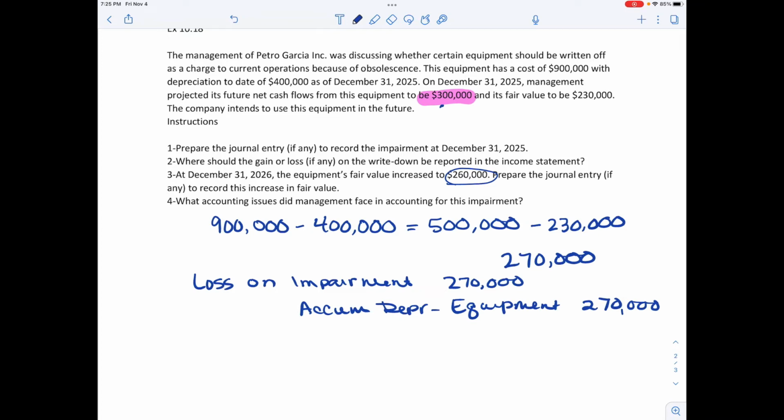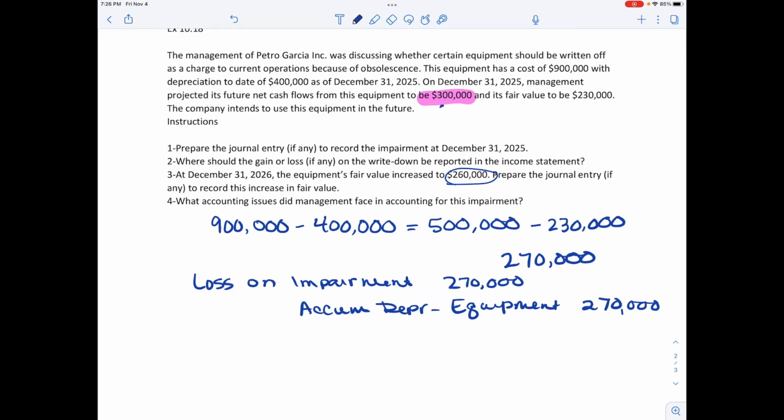And then finally, what other accounting issues would be faced with this impairment? So I just wanted to talk through a couple of these things so that we make sure we're aware of these things. Management, you have to first determine if there was an impairment. So we look at that recoverability test, and it estimates the future cash flow expected from that asset and then its eventual disposition.